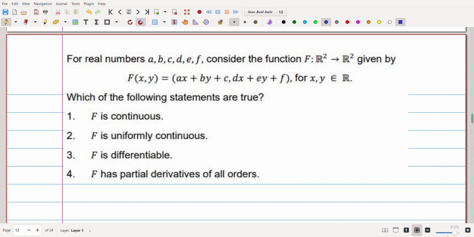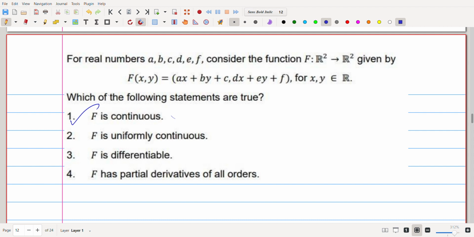For real numbers a, b, c, d, e, f, consider the function f from R2 to R2 given by this. Which one of the following are true? See, f is continuous. That is very simple, because f is R2 to R2, so we can check the component functions. The first component is ax plus by plus c, which is a kind of linear map, not exactly linear, but it is easy to check that this is continuous by definition.